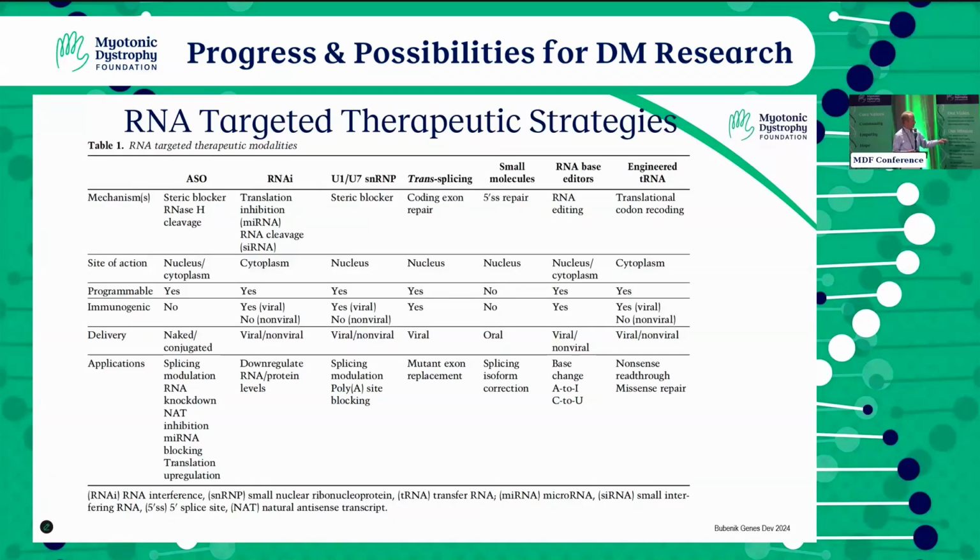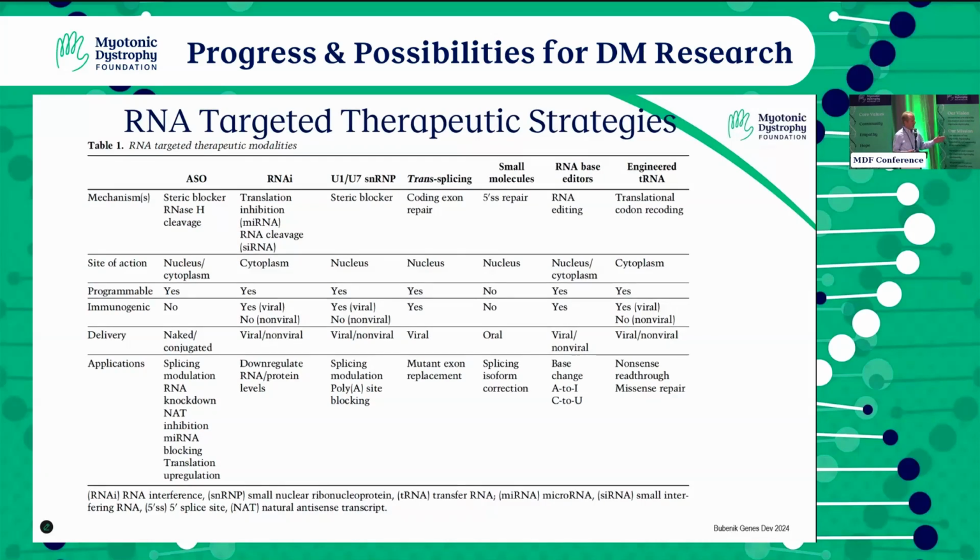for instance, just the mechanisms. ASOs are both steric blockers and susceptible to RNase H cleavage if you make a gapmer, and we'll talk about that in a little while. RNAi has been a tremendous technology, especially in liver diseases up to this point. So you have both translational inhibition by microRNAs and slicing and turnover of the RNA by siRNAs.